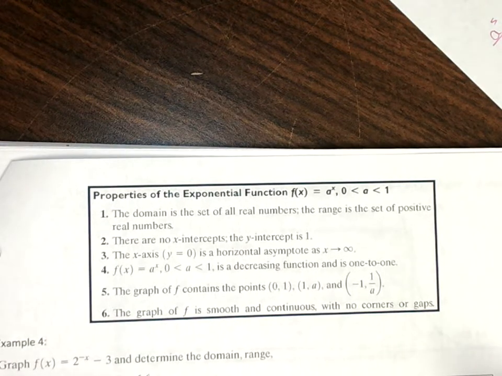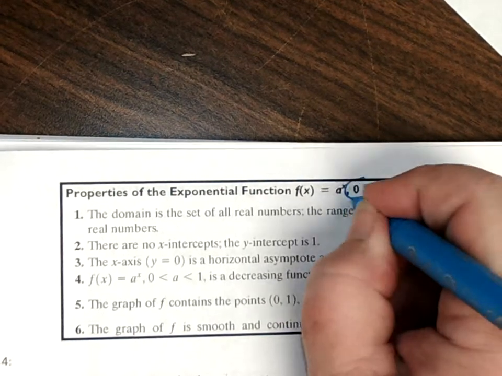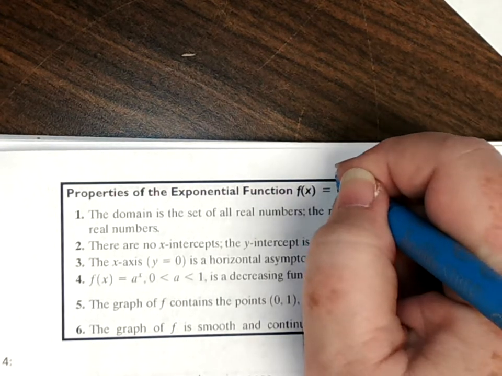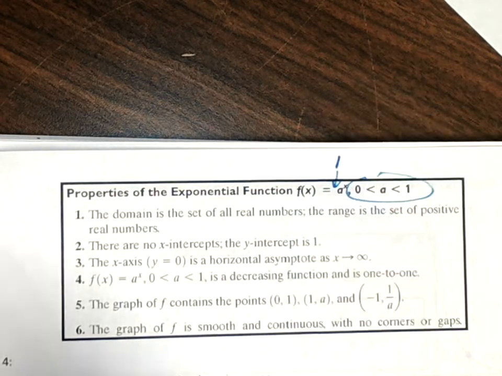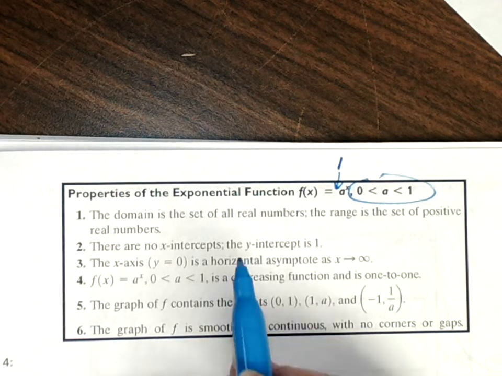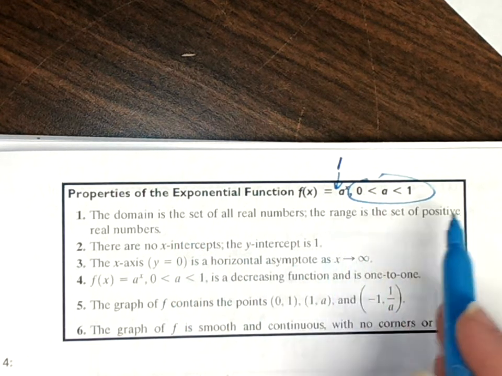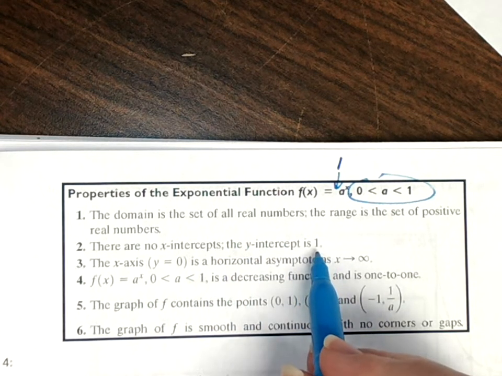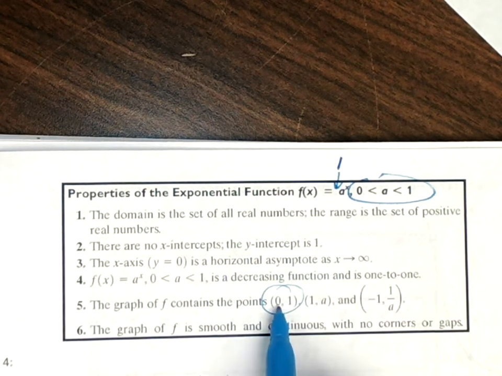Notice that here we have a between 0 and 1. We do not have an initial value other than 1. Our initial value is actually 1 here. The domain is all real numbers. The range is the set of positive real numbers. There is no x-intercept. The y-intercept is at 1, meaning that it passes through (0, 1).